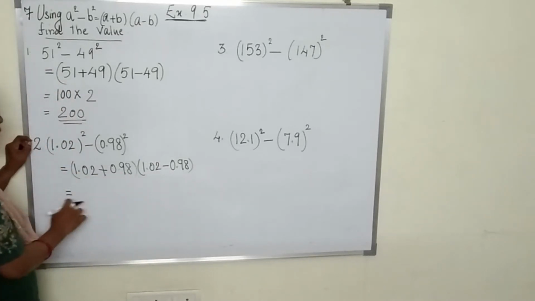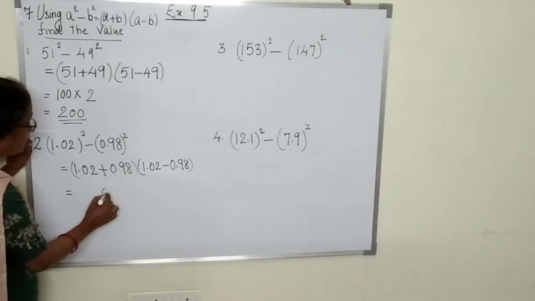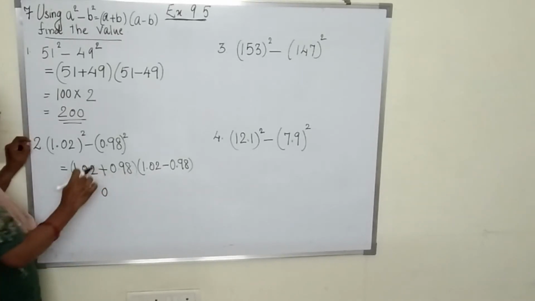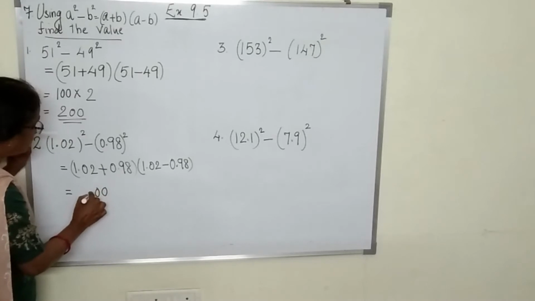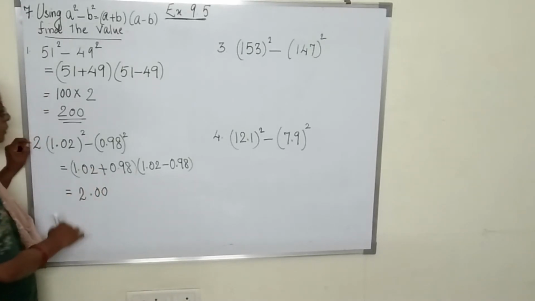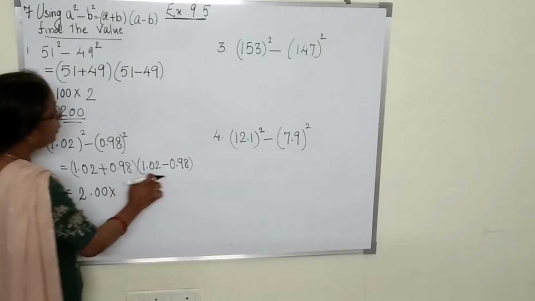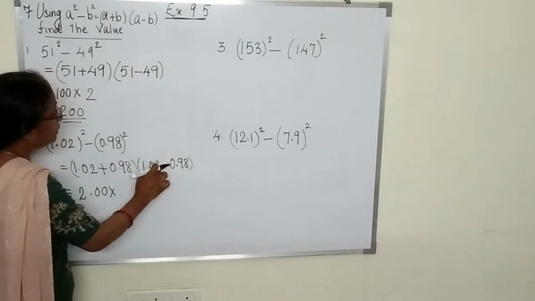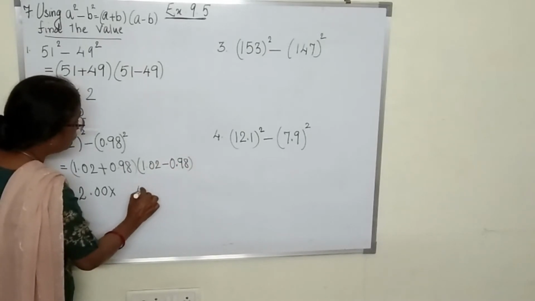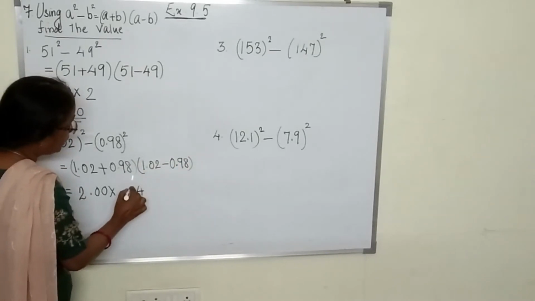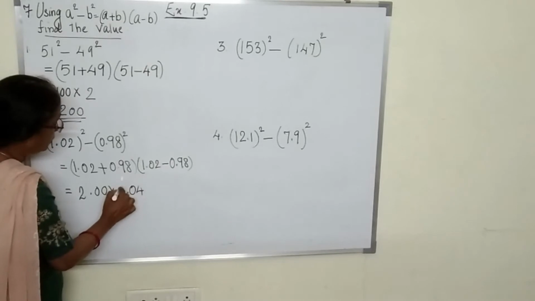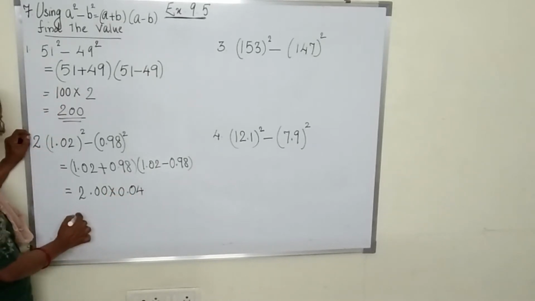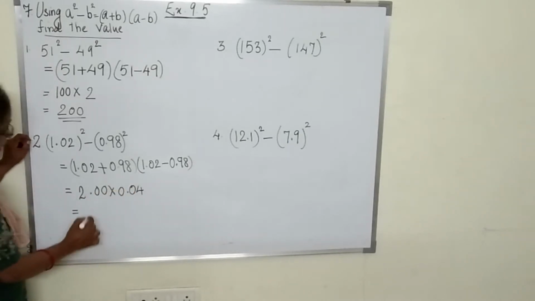When you add this, what will you get? 8 plus 2, 10, so 0 here, carry 1; 9 plus 1, 10, carry 1; 1 plus 1, 2. Multiplied by, when you subtract, what do you get? 12 minus 8 is 4. Here again you will get 9, so 9 minus 9, 0, and 0 minus 0 also 0. So 2 into 0.4, that is 0.08.